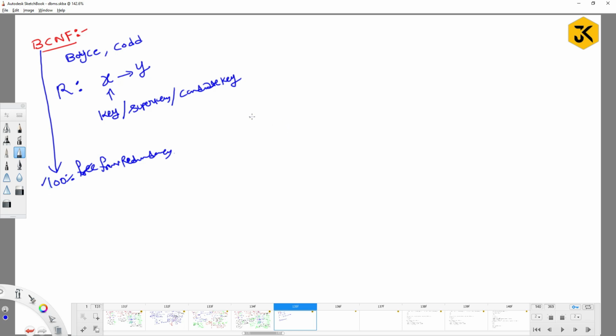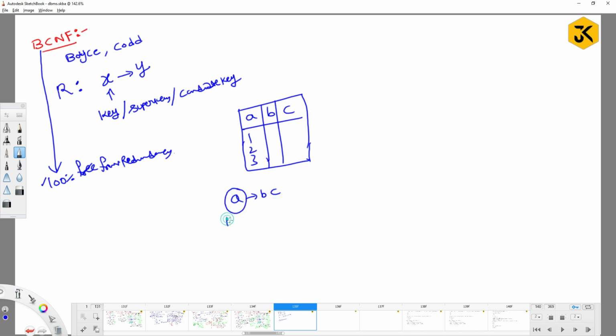See, for example, if I take a relation R of ABC which contains 1, 2, 3, assume that A determines BC. As A is a kind of a key, can you say that any redundancy is there? Definitely not, because we cannot eliminate anything. If I eliminate it, this particular data is going to be lost. That's why it is going to be 100% free from redundancy, and we concentrate only on the LHS being a kind of a key.